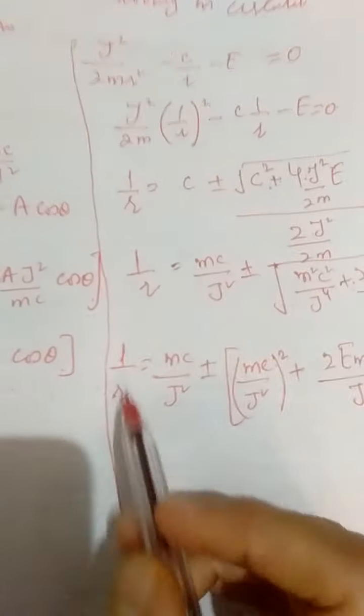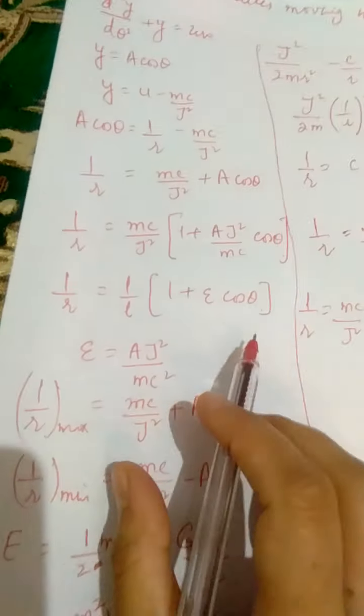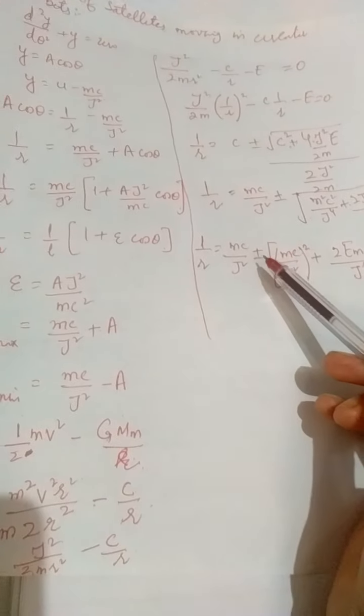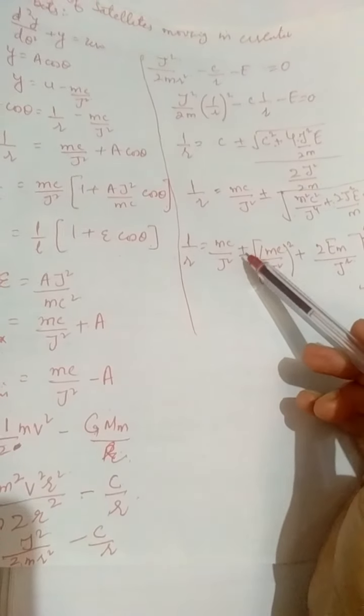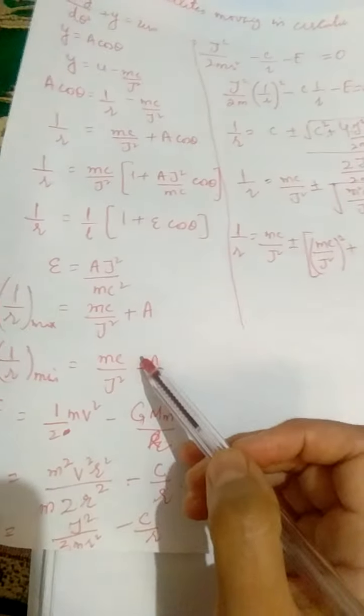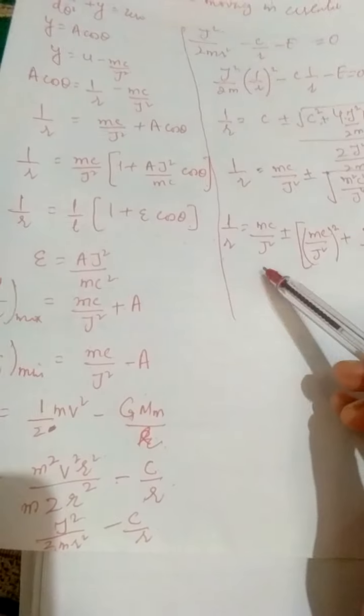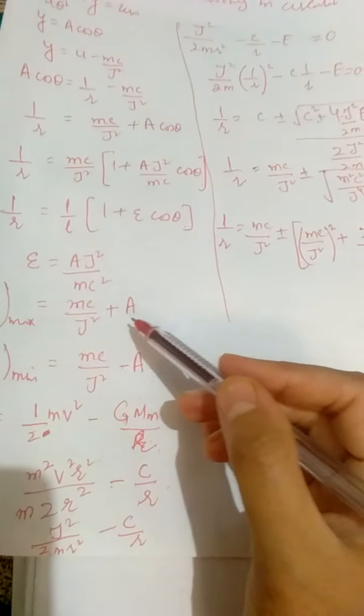So if you compare this equation with this equation, this and this, for the value of r max and r min, we know that the maximum value is going to be this plus value, and the minimum value is going to be this minus value. In both cases, here it is 1 by r, here it is 1 by r, here it is mc by j square, it is mc by j square. That means you have found the value of a.